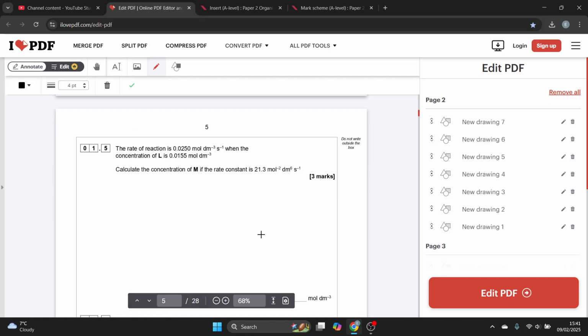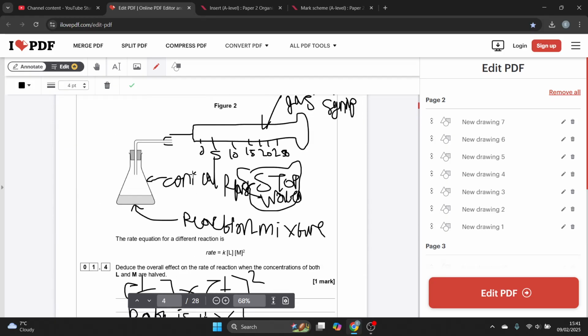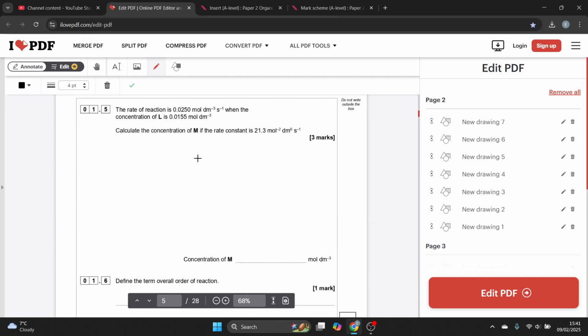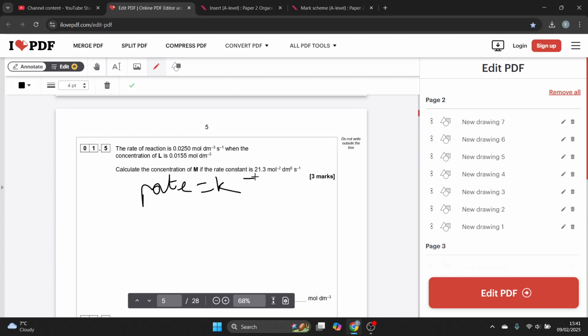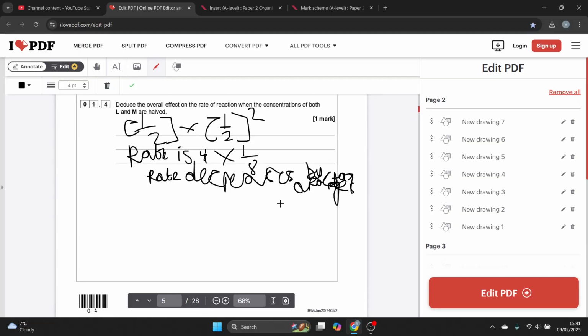Calculate concentration M if the rate constant is 21.3. Okay, so it says the rate of reaction is this, when the concentration of L is that, calculate concentration M if the rate constant is that. I'm using rate equals k times concentration of L times concentration of M squared, right?